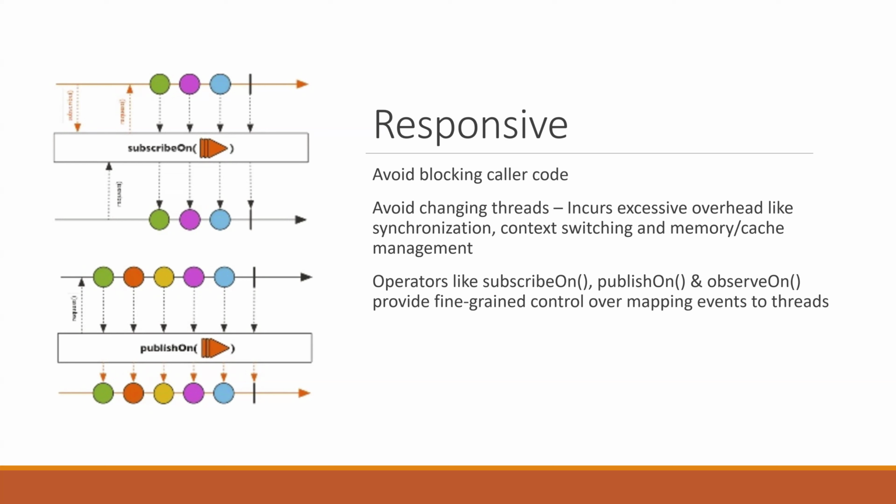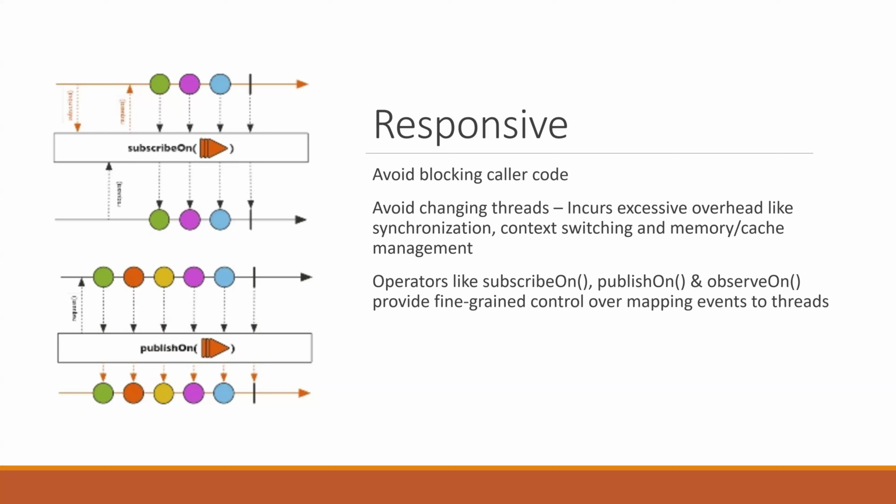Another thing that they suggest for responsiveness is don't change threads as you're moving through. By default, operators will stay on the same thread as the previous operator in the chain, unless you need to spin out a new thread. I would avoid doing that if you absolutely can, because it will increase the overhead and synchronization of those threads, right? And most of the overhead is happening down in the OS layer with context switching and memory caching and things like that.